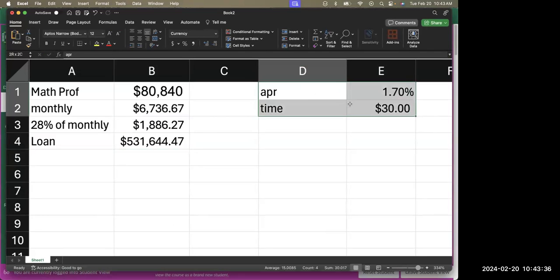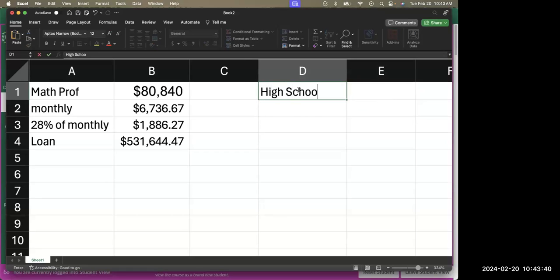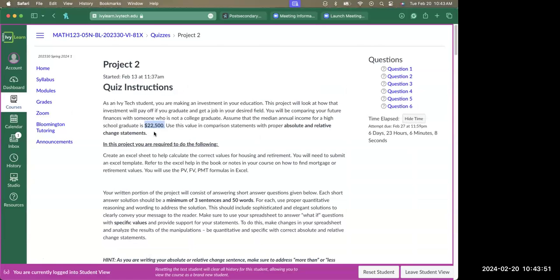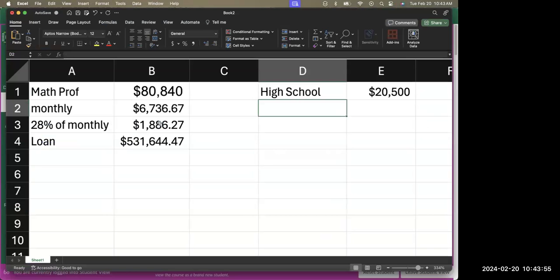Now, what I'm worried about is that I'm not going to show the high school graduate's exact income. I'm going to use 20,500 instead of what we're supposed to use, which is 22,500. That's what you're going to use. I'm going to use this number for the demonstration because I'm not giving you the answers.